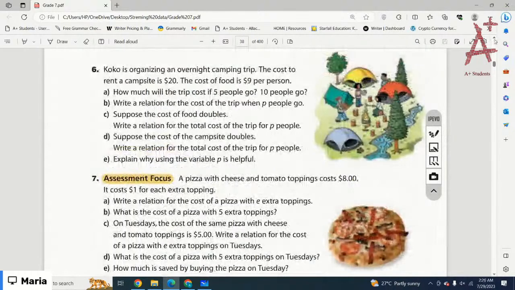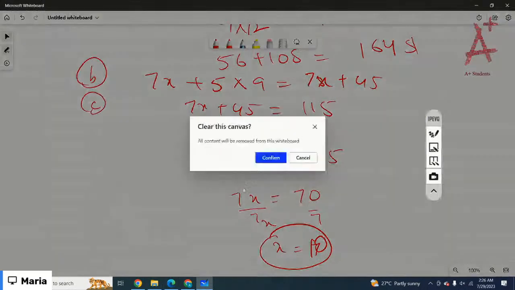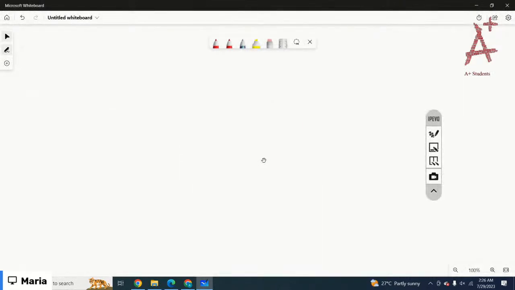Okay, the cost of rent is $20 and food is $9. You need to see if you have 5 people, the total cost is. Got it?